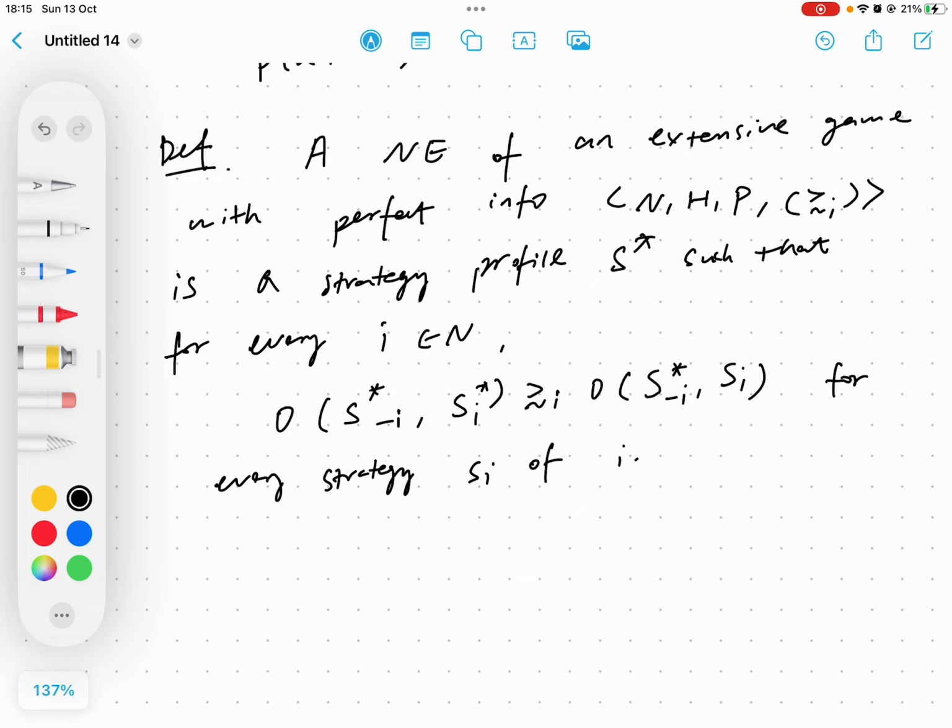Okay, so that's one way of defining a Nash equilibrium of an extensive game.